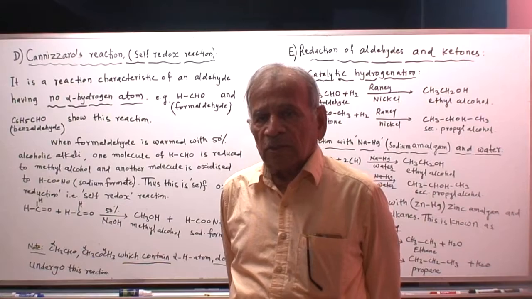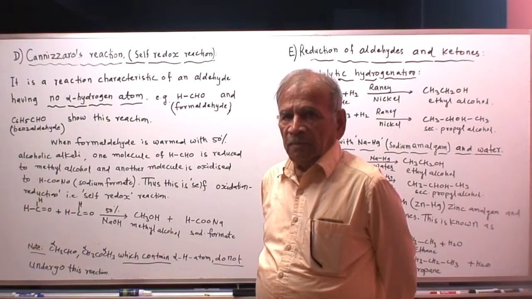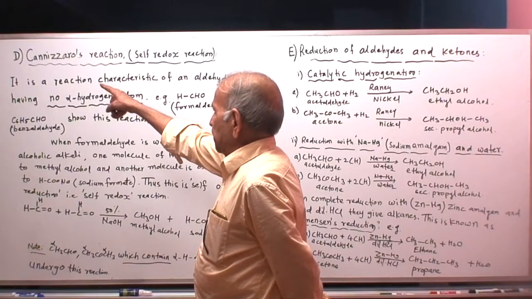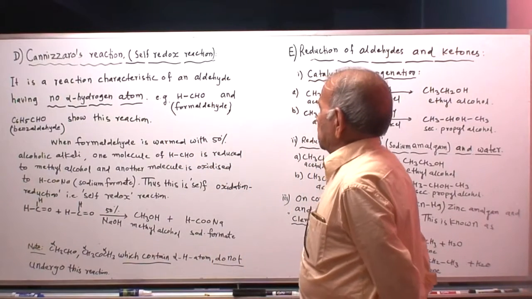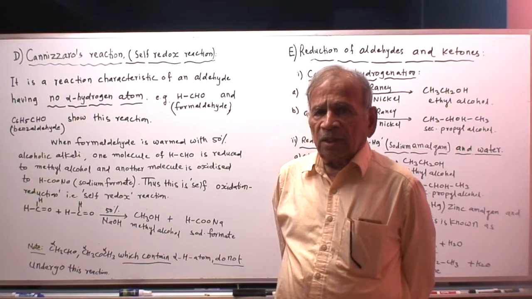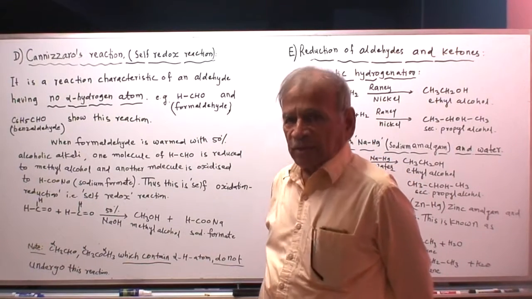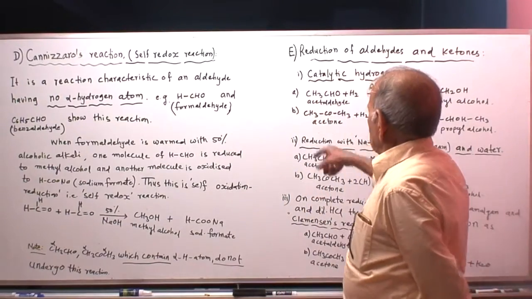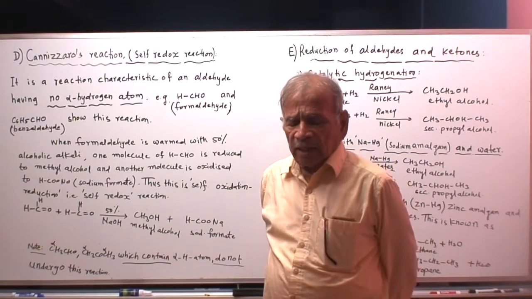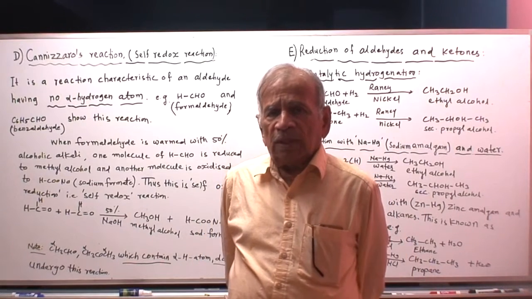The two reactions with which we are interested today in this period are D, Cannizzaro's reaction, that is self oxidation reduction reaction or self redox reaction, and E, reduction of aldehydes and ketones by using different reducing agents.